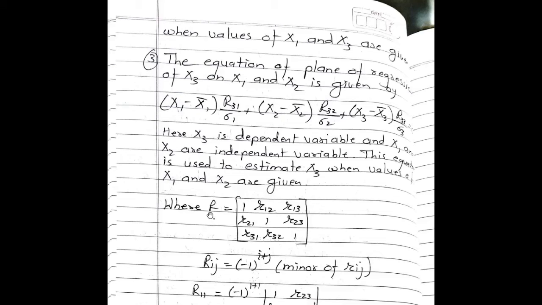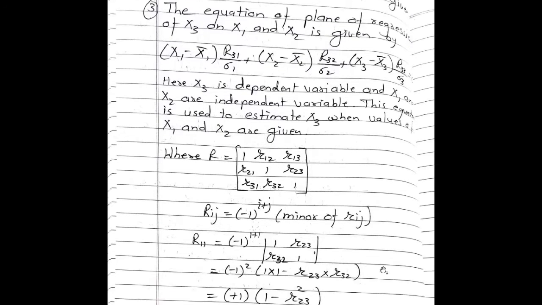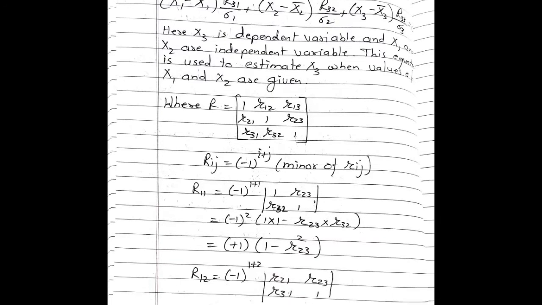Now here R is nothing but the matrix of total correlation coefficients: 1, r12, r13; r21, 1, r23; r31, r32, 1. Capital Rij is given by minus 1 raised to i plus j times the minor of rij. So if I want to find R11, the formula can be derived as minus 1 raised to 1 plus 1.